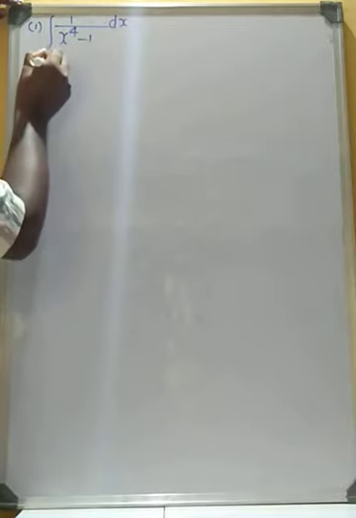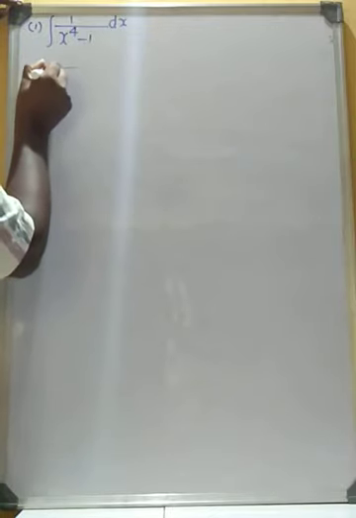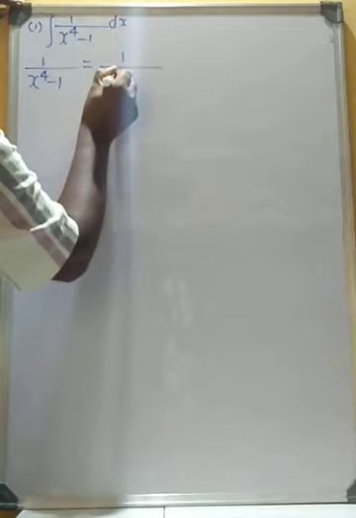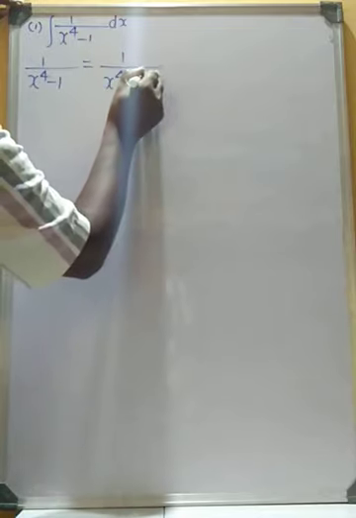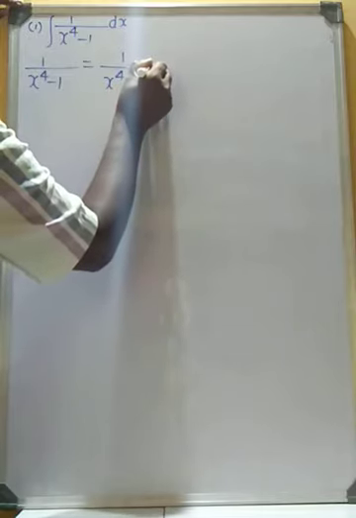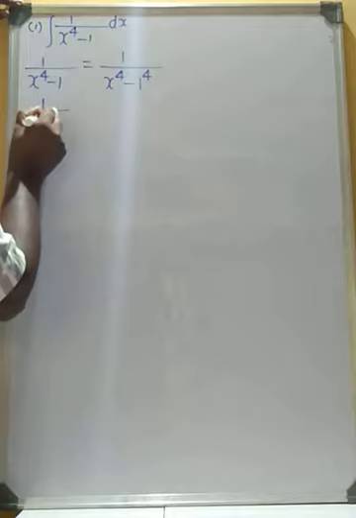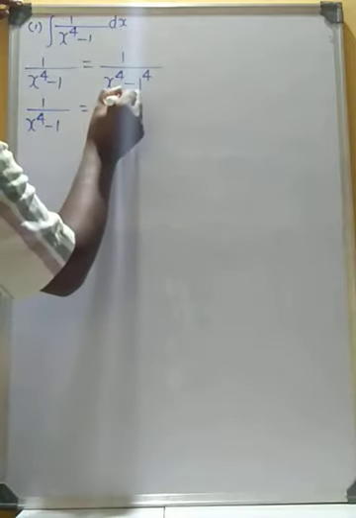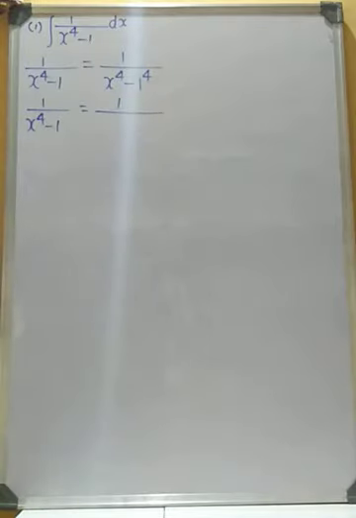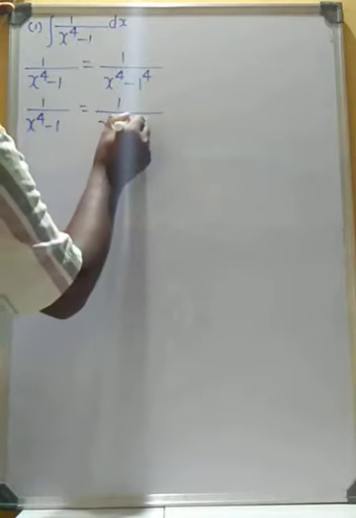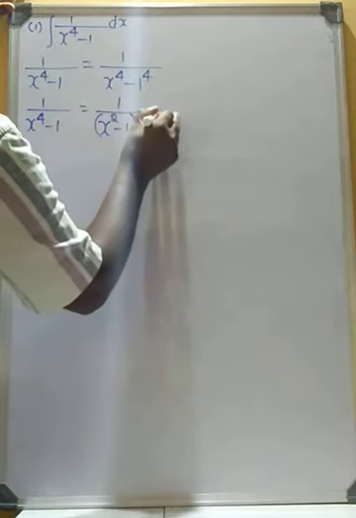So therefore, by using the form of partial fractions, 1 divided by x to the power of 4 minus 1, where x to the power of 4 minus 1 can be written as x square minus 1 into x square plus 1.